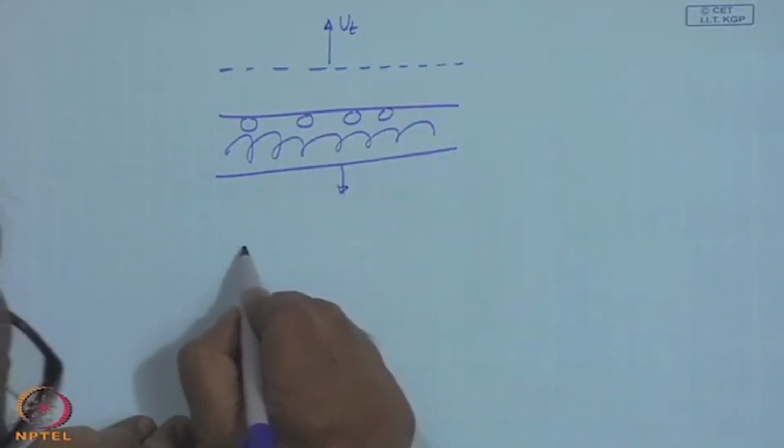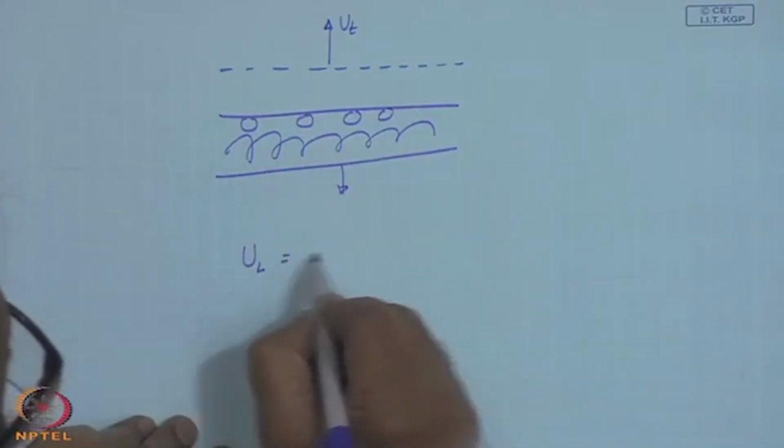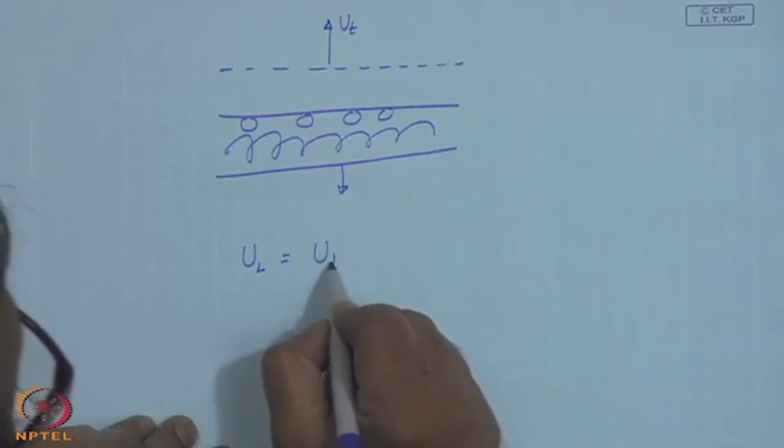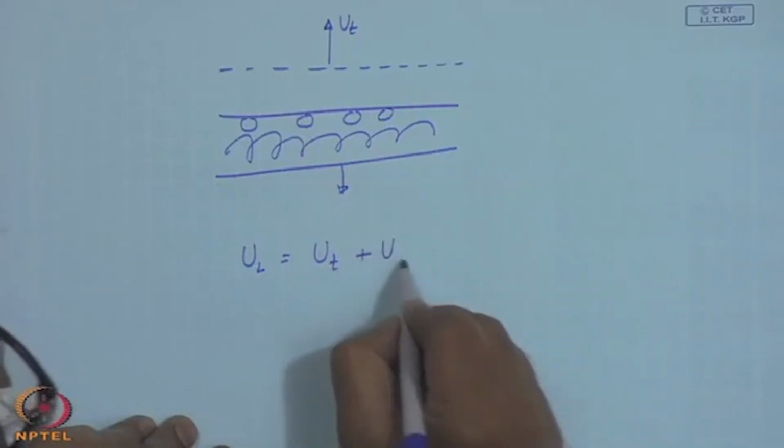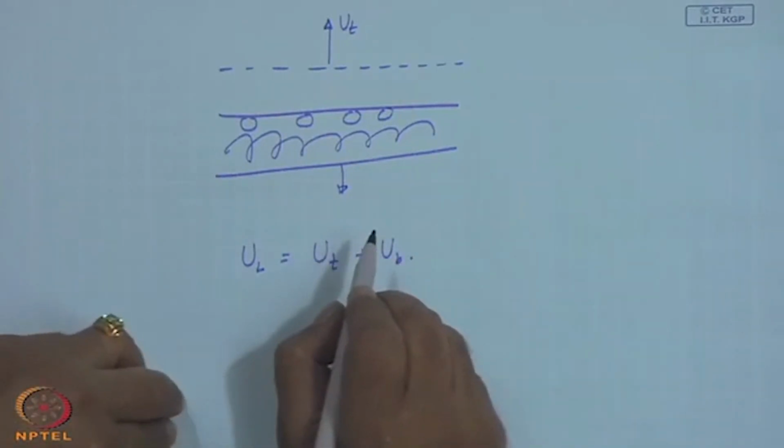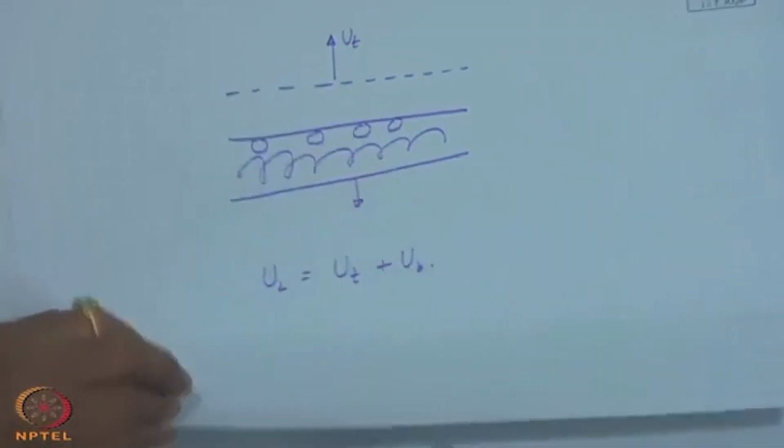In general, overall loss coefficient will be equal to the top loss coefficient plus the bottom loss coefficient, though it may not be true all the time. We will see the exceptions a little later.